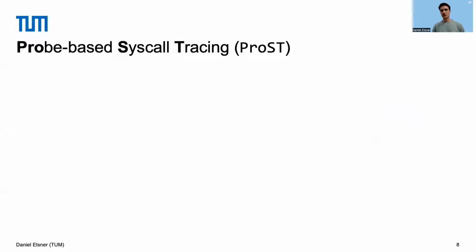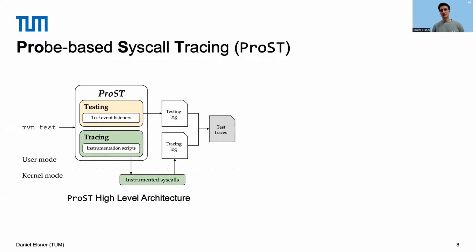All right, let's have a look at the overview of ProST, of probe-based system call tracing. This is a high-level architecture overview. And as I said, we need to instrument the kernel for system call tracing, but ProST itself can operate in user mode. It acts as a facade to the probe-based kernel instrumentation frameworks, dtrace and bpftrace.